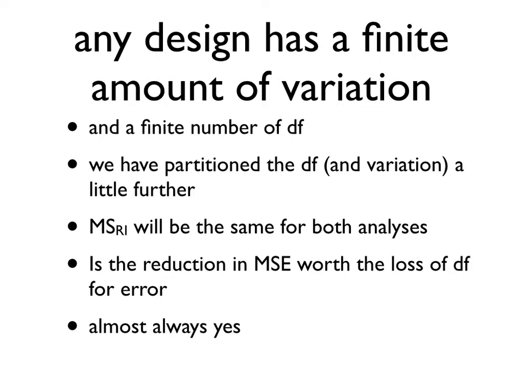But we've made the denominator smaller, that's going to make our obtained F bigger. So it's probably worth doing. In fact, it's almost always worth it. But it's not like there's no price.